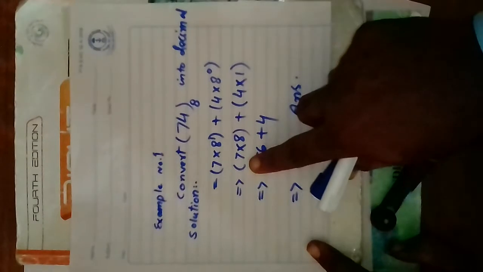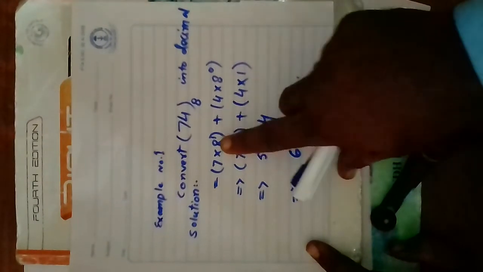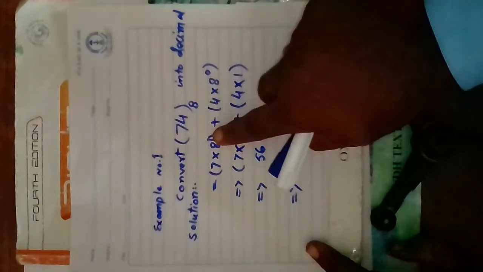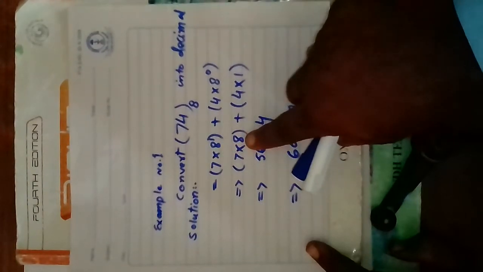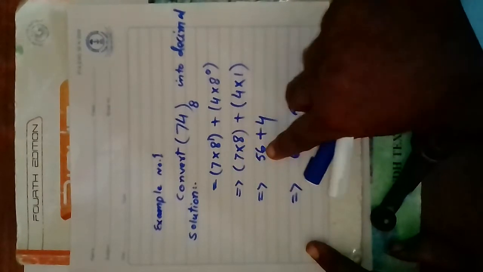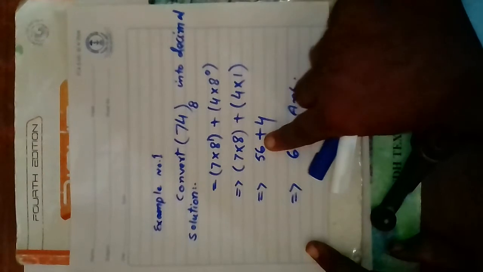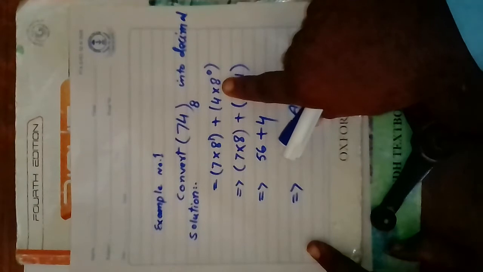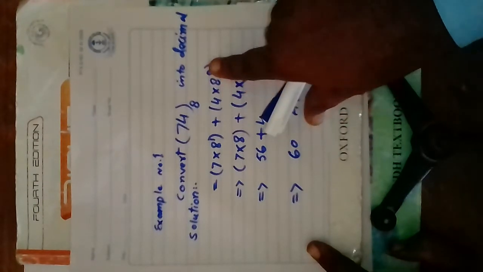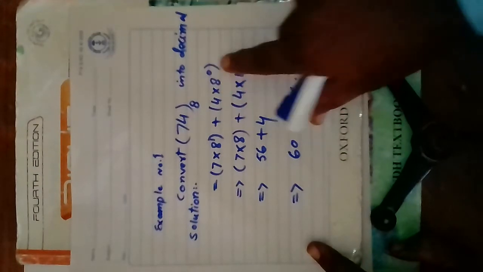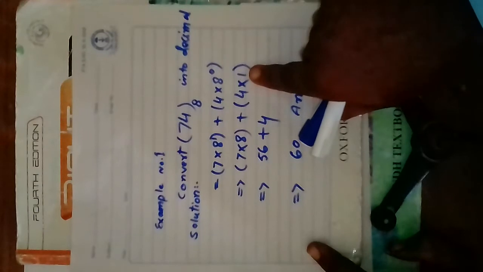Now, 8 to the power 1 is 8, and we will finally multiply 7 with 8, so there will be 56. Here, 4 into 8 to the power 0. First of all, we will solve the power of 8. 8 to the power 0, the answer will be 1.